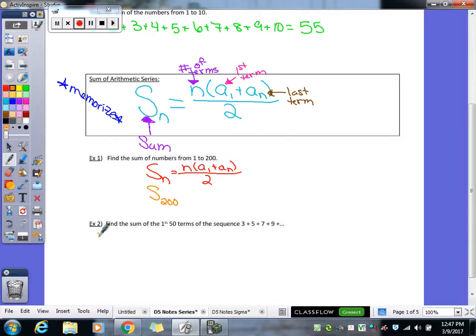So S sub 200 equals 200 times our first term, 1, plus our last term, 200, and then we're going to divide by 2. Let's have you figure out what that is. 20,100.